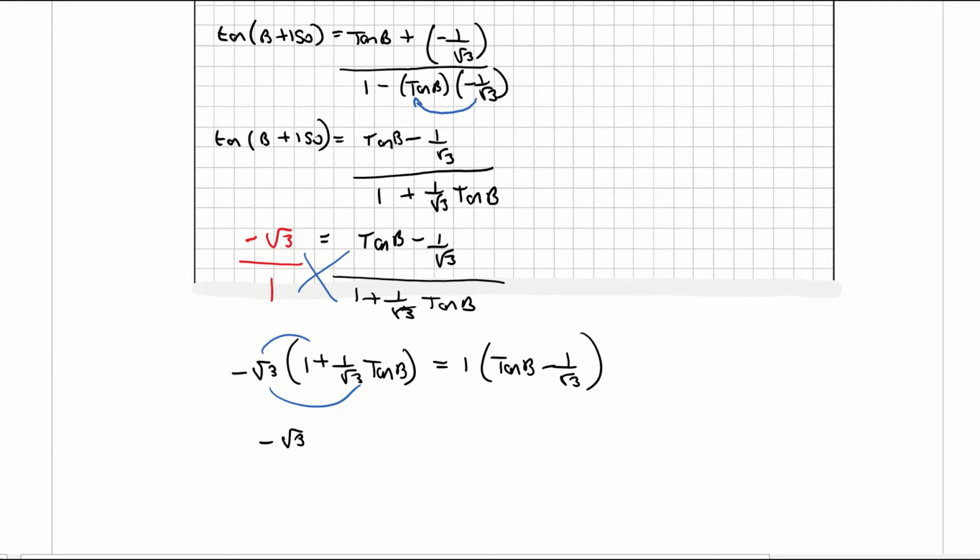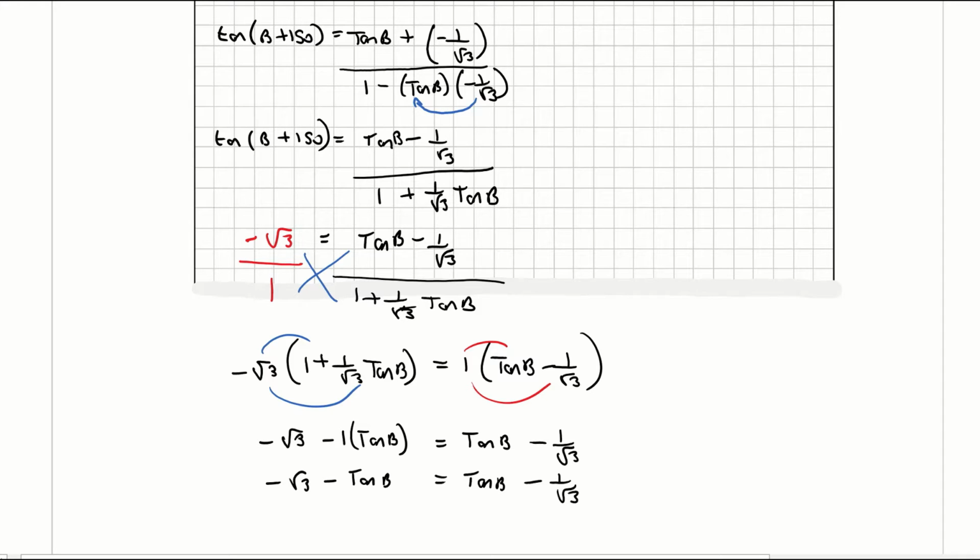Minus root 3 by 1 over root 3, well, that's just going to give me minus 1, isn't it? Times tan B is equal to, and then multiply in my second bracket, 1 times tan B is tan B, 1 times minus 1 over root 3 is just minus 1 over root 3. So that just gives me minus tan B is equal to tan B minus 1 over root 3.